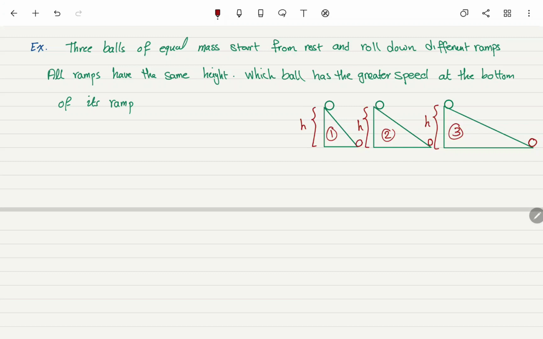Now let's see. In this case, if we take work total equals delta K, in other words, work total equals half m v final squared minus half m v initial squared. Since all balls start from rest, this one is equal to 0.